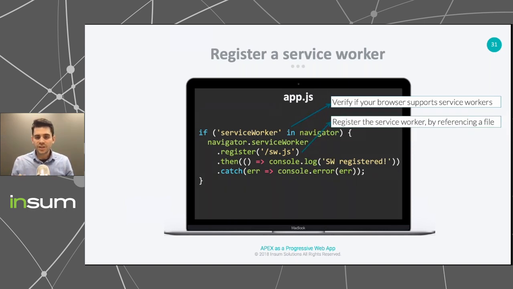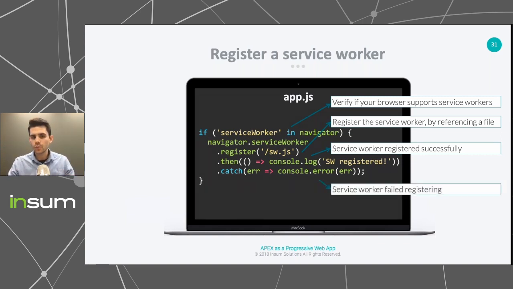And then we'll register the service worker by referencing a file. And I'll come back to this later. Then the service worker is registered successfully, or if it failed, we'll know here using a catch function.